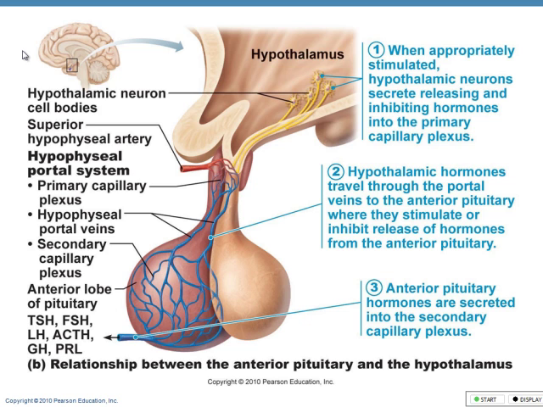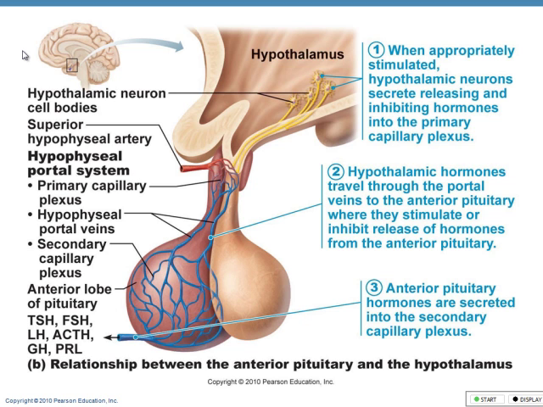Notice all the blood vessels that surround both the anterior and posterior pituitary gland. Why do you think it's so rich in blood vessels? Yeah, remember, I have to get these hormones into the circulatory system so they can affect other endocrine glands throughout the body. So the adenohypophysis, the anterior pituitary gland, makes its own hormones.